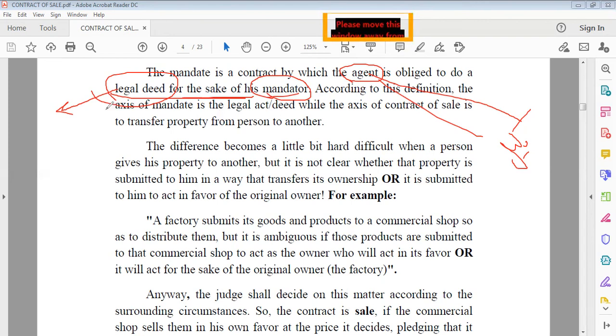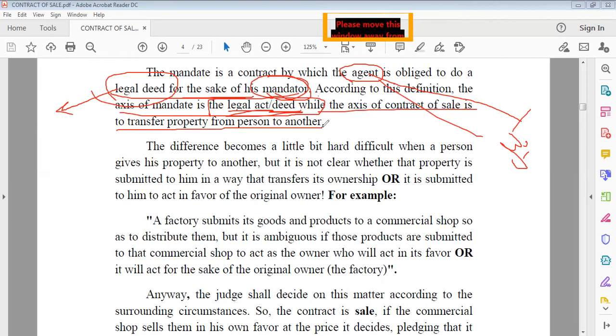We cannot imagine that these things are material ones. They are legal things that he does for the sake of the mandator. According to this definition, the essence of the mandate is the legal act or deed. So the core of the work on which the idea of mandate is based is the legal act. While the essence of the contract of sale is to transfer the property from a person to another person.